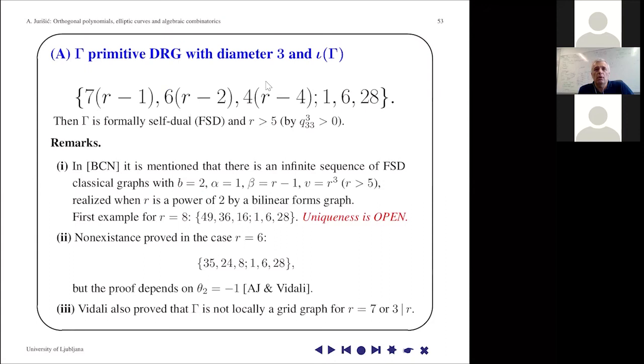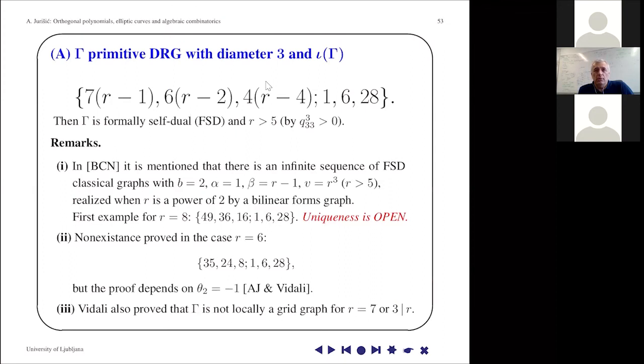If you go and calculate the number of vertices, it turns out to be a cubic. So it seems like a nice graph. Actually, this family was already mentioned in BCN, our Bible for distance regular graphs, and was mentioned that it's also formally self-dual, and also it has classical parameters. So I tried to see what we can do about this family.